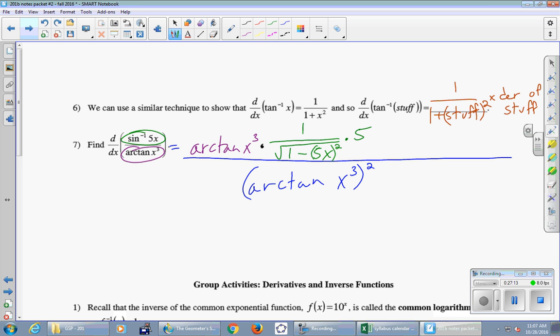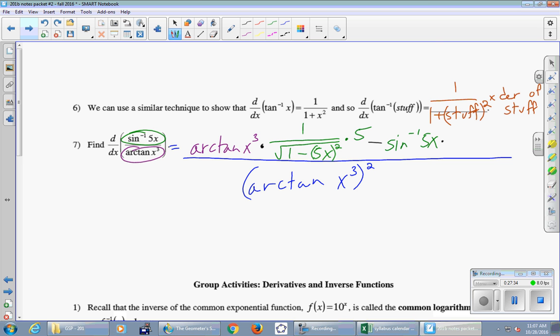Okay, that's good there. Continuing the quotient rule, minus, copy the top. Times, and now we do the derivative of the bottom. So arctan, that's inverse tan, that's on this page here.